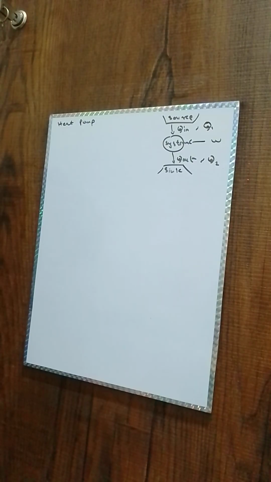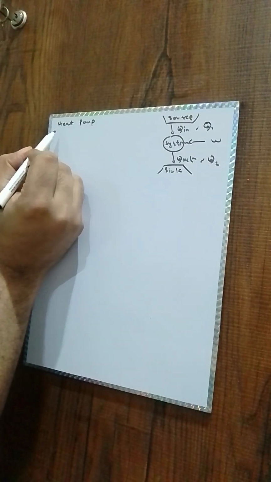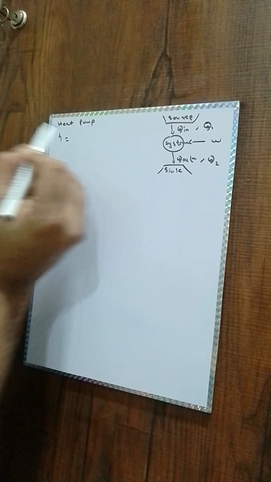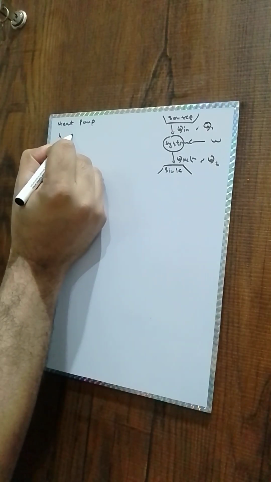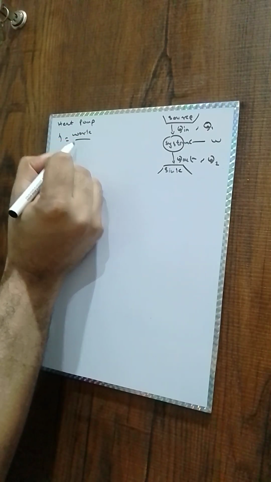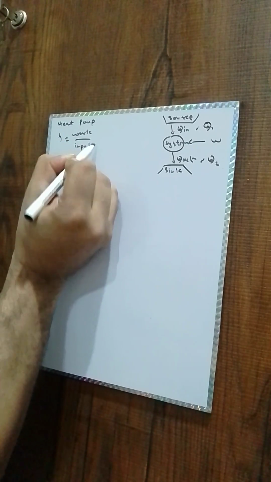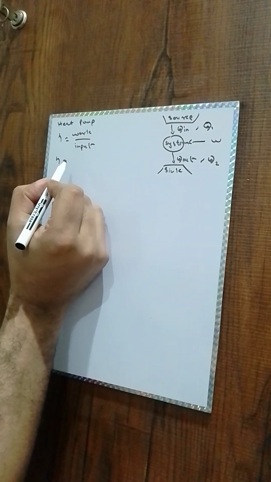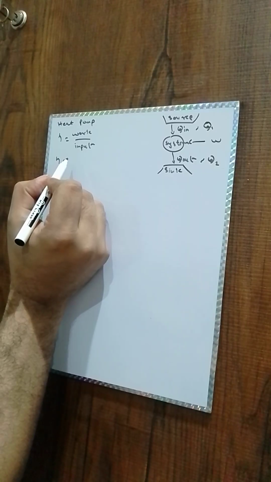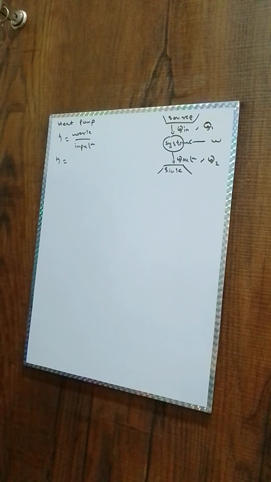Okay, so the efficiency of the system is work done by input, roughly it is equal to work done in this case.